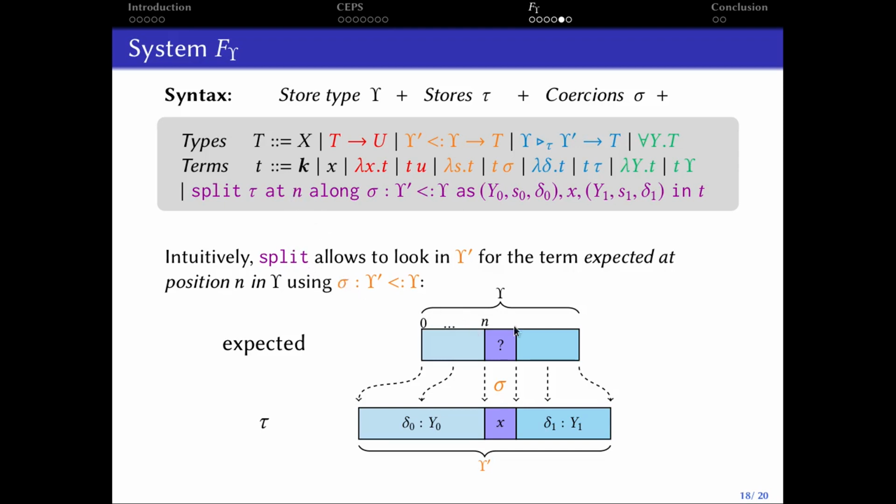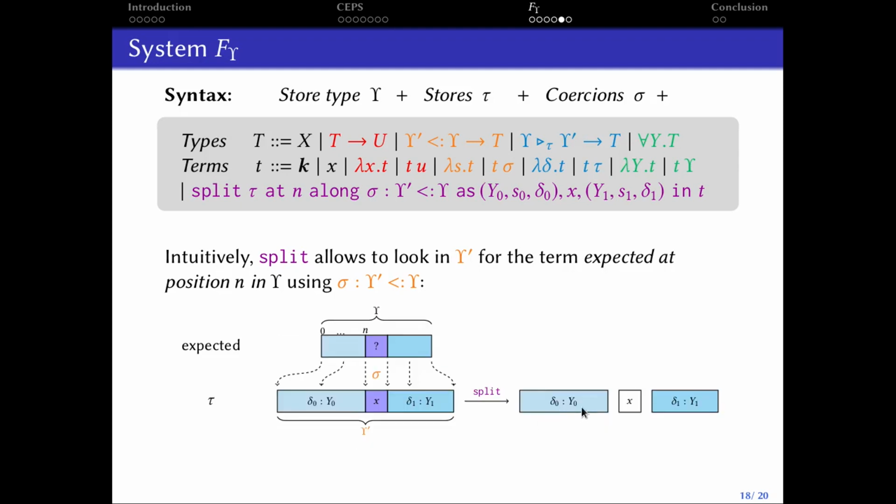So we were expecting here a store of type epsilon, we were looking at the nth position, and we are actually given the store tau, whose type is an extension of epsilon, and what split is doing is looking through the coercion to get the expected term and splitting the corresponding store into 3 blocks.